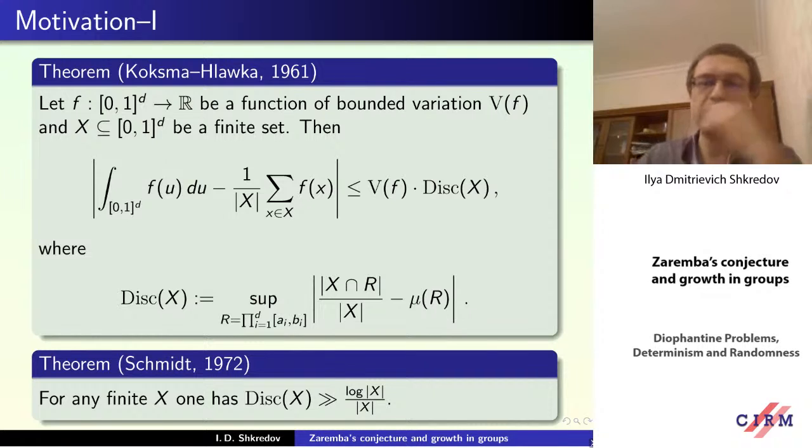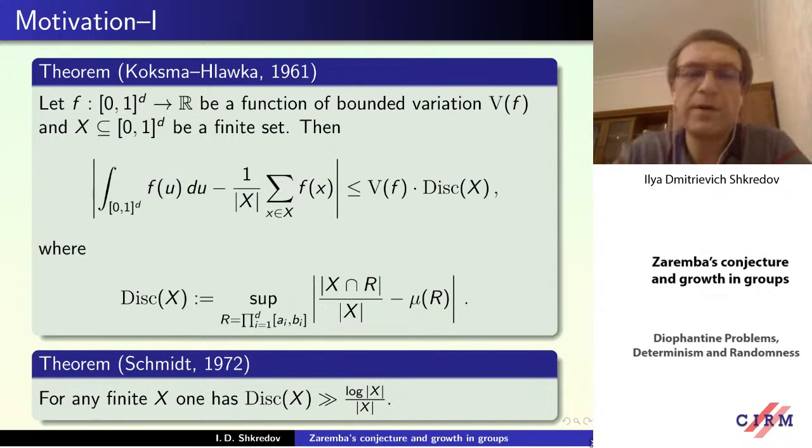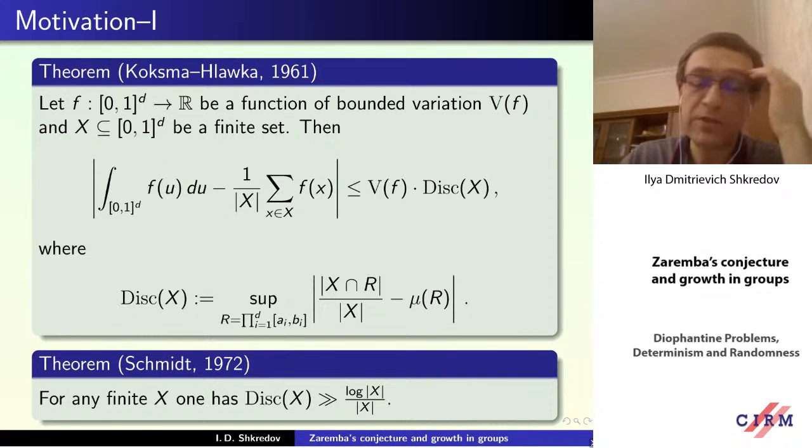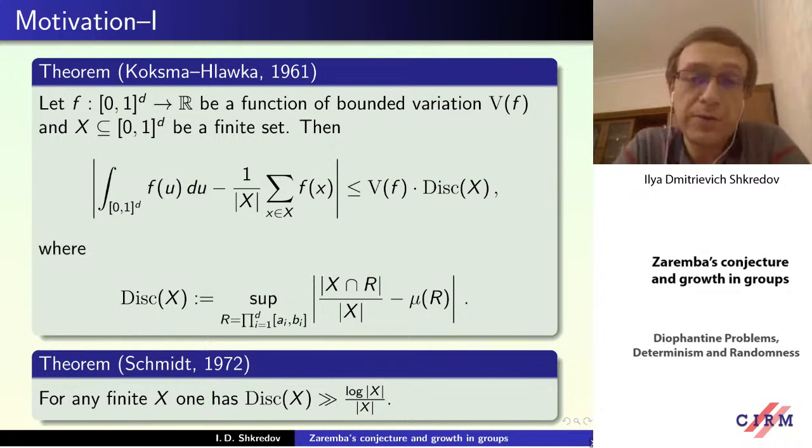But let me say a few words before this about the motivation of Zaremba, why he needed such a strange hypothesis. So his motivation was from the theory of numerical integration. Suppose that we have a function on a d-dimensional cube.